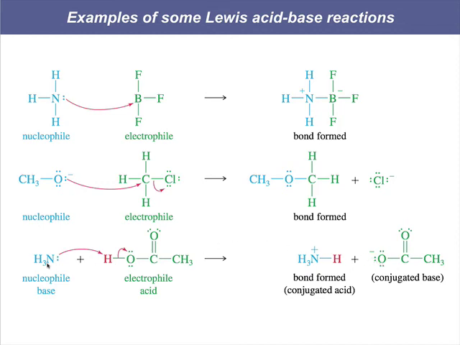So we need to make a bond from the nitrogen, which has a lone pair available to it, to the hydrogen. And since that hydrogen can only make one bond, it has to lose its existing bond to whatever else is attached to it. So the oxygen gains that pair of electrons as a lone pair.